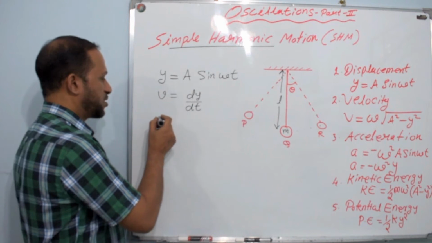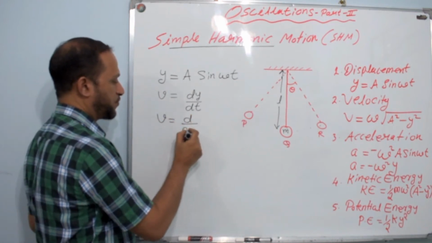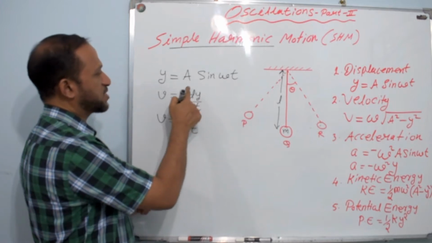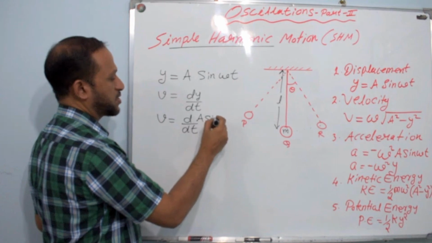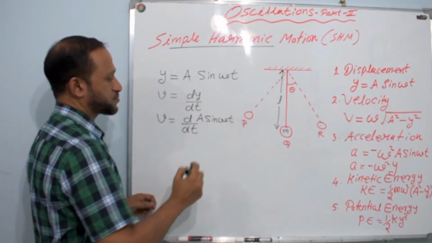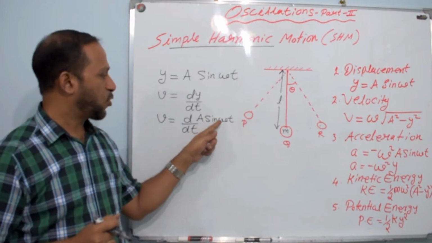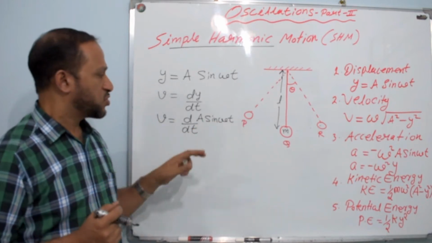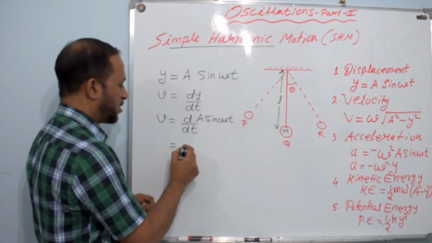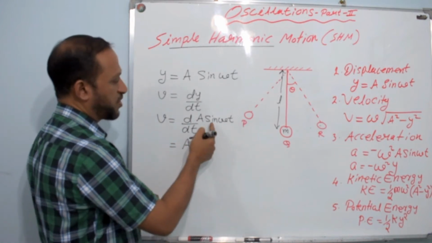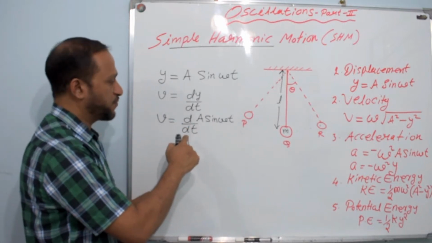So in this equation, v is equal to d by dt of, for y we can substitute a sine omega t. In this equation, a is a constant, omega is also a constant. So when we differentiate this equation, a is a constant that can be taken outside the differential.